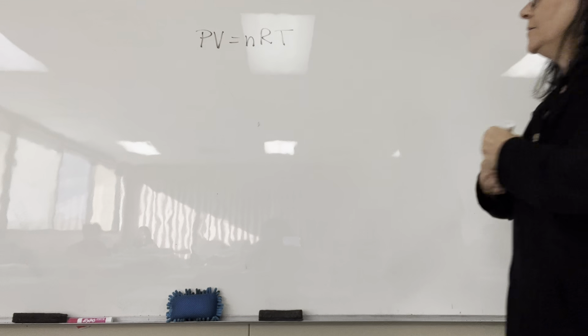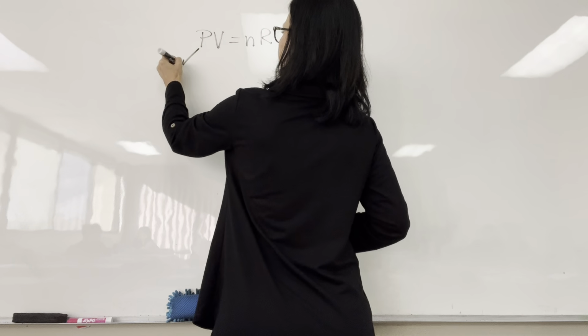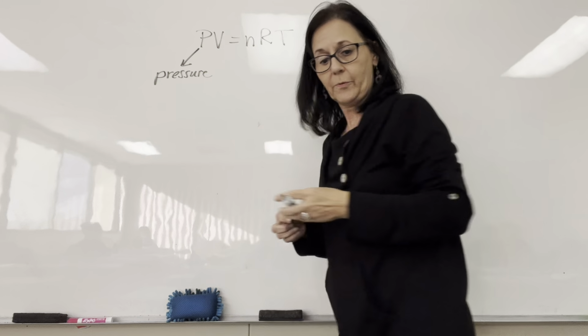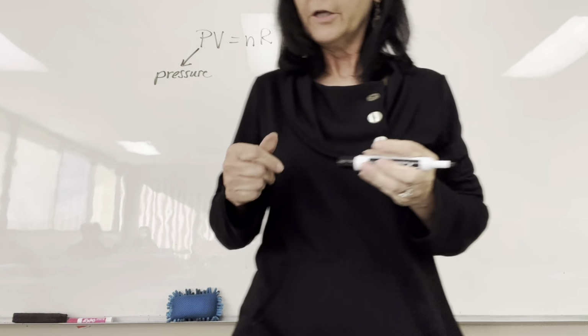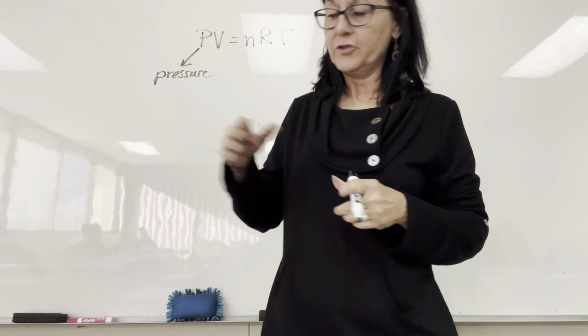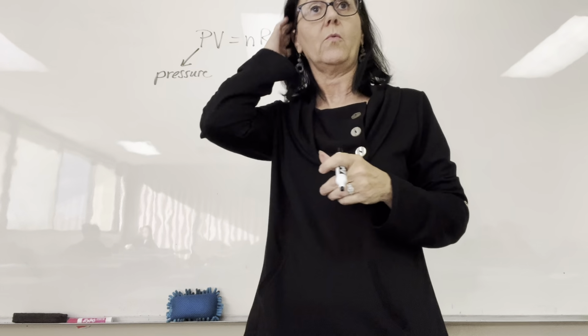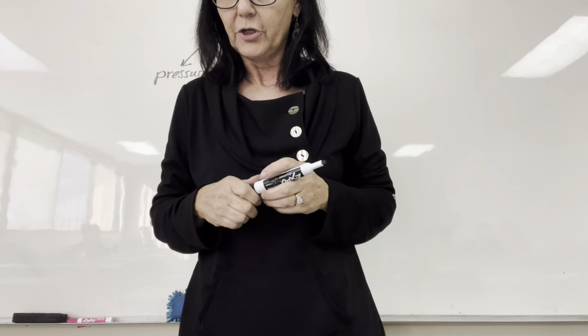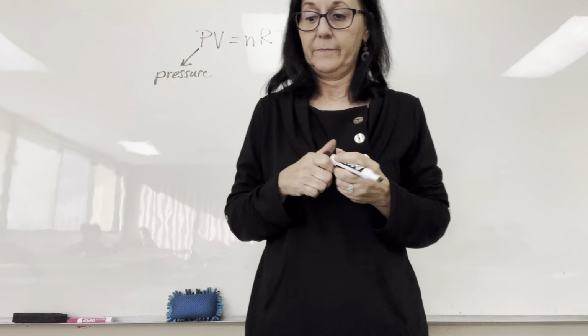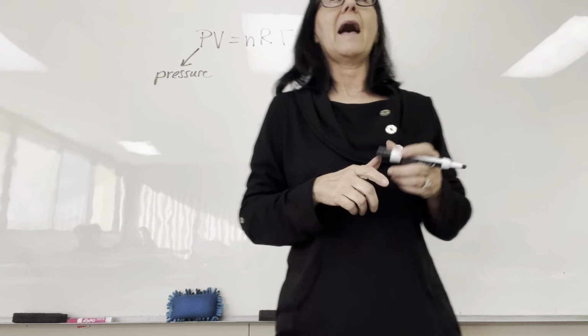All right. P is the pressure. Look at your textbook on page 245. It gives you some measurements for each one of these. The pressure is typically measured in newtons per square meter. Sometimes it's in atmospheres.